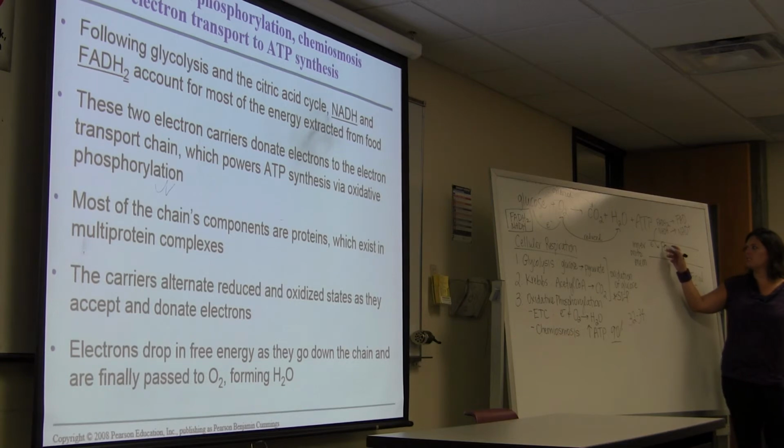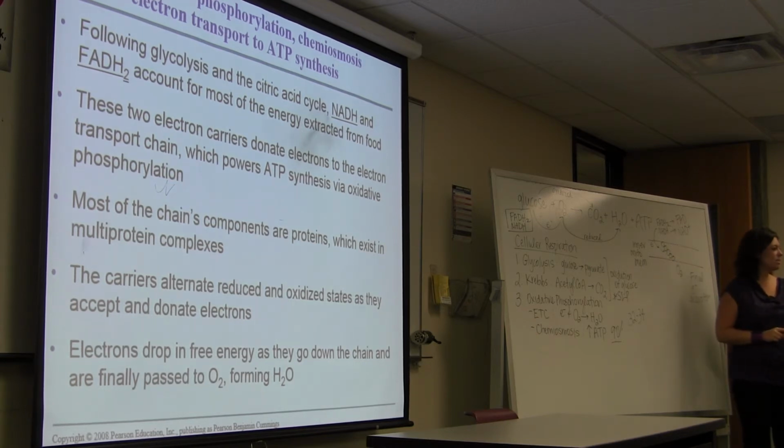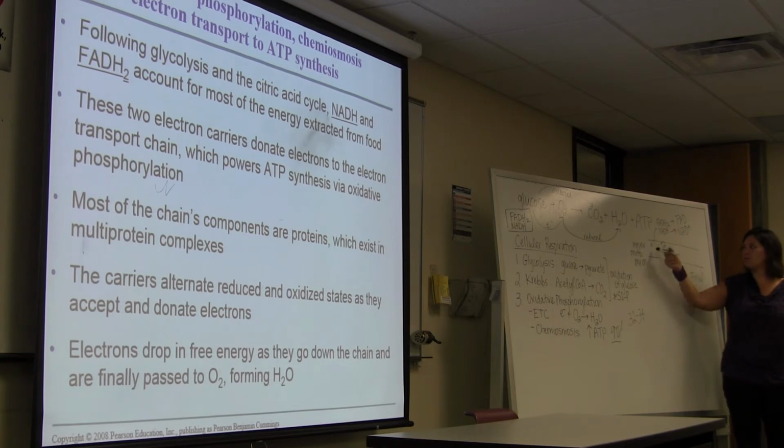As this first protein accepts this electron, it's being reduced, right? Because anytime you gain an electron, you're being reduced. But then it's going to turn around and donate to the next protein. So it first becomes reduced, and then it becomes oxidized.